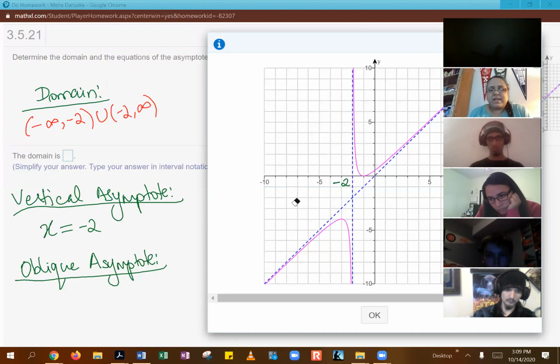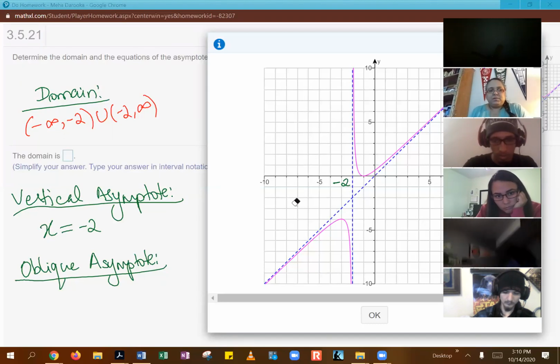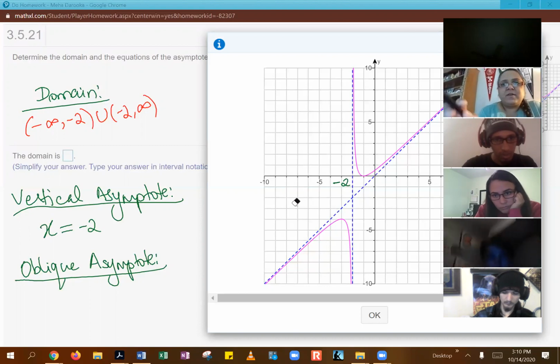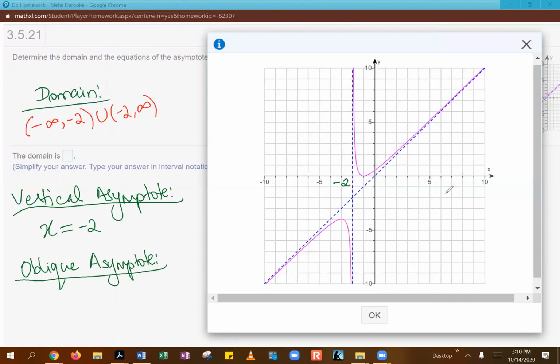Yeah, choosing 2 points, definitely. Then what would you do once you found those 2 points? How would you move forward? Yeah, you want the equation in the y equals mx plus b format. Very good. So if we want our equation for the oblique asymptote in the y equals mx plus b, that means we need to know what the y-intercept is, and we need to know what the slope is.